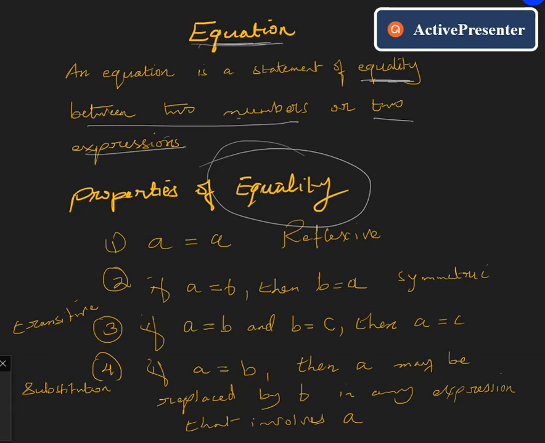The transitive property, if A equals B and B equals C, then A equals C. The fourth property, if A equals B, then A may be replaced by B in any expression that involves A, and vice versa. I mean by that, if A equals B, then B may be replaced by A in any expression that involves B. That's it.